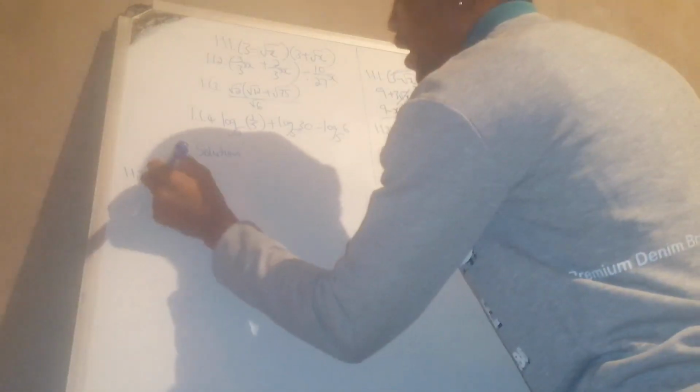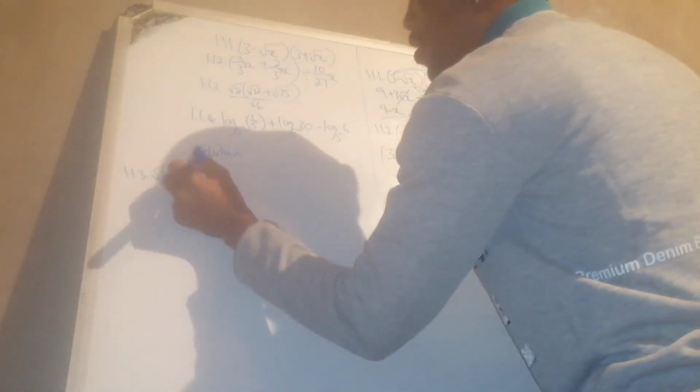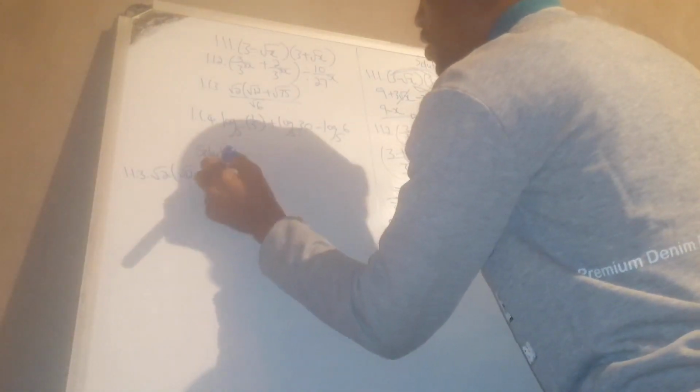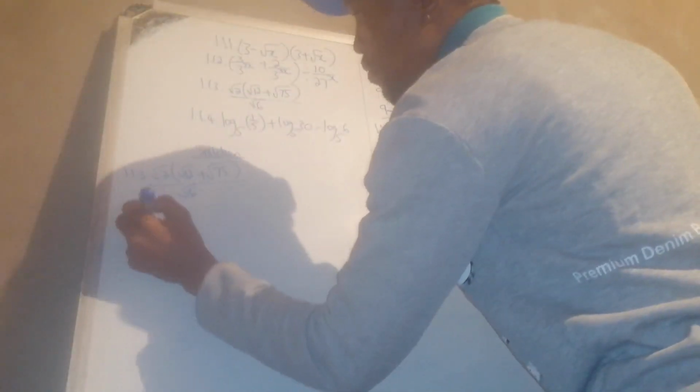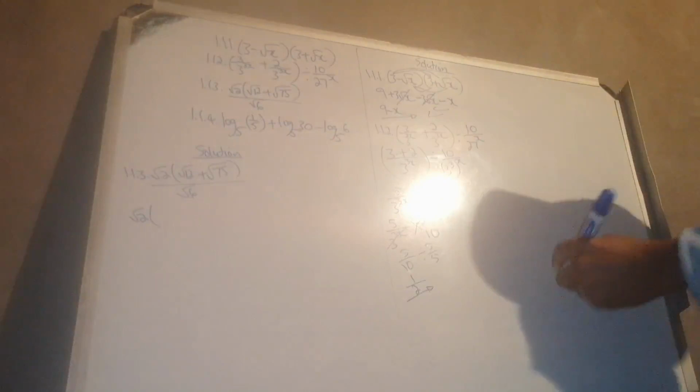We have root 2, root 12 plus root 75 divided by root 6. And then when we are there, everything is still in peace. What we will do there, I will leave my root 2. Now with root 12, I'm looking for two factors. One of those factors must be a perfect square.